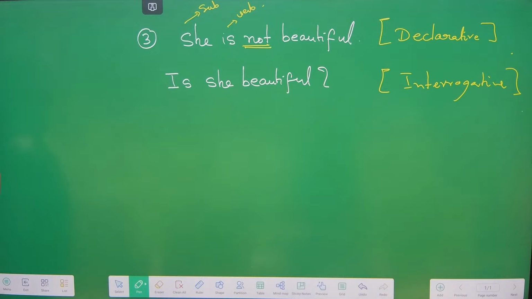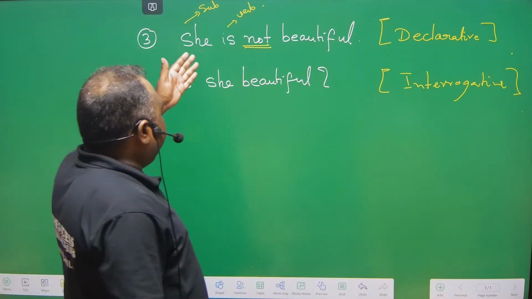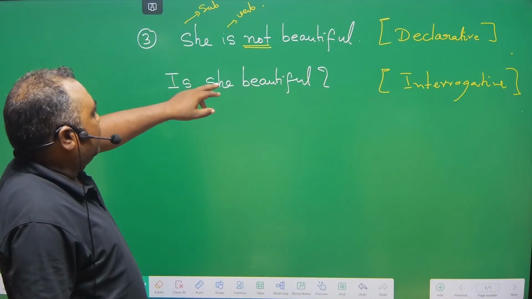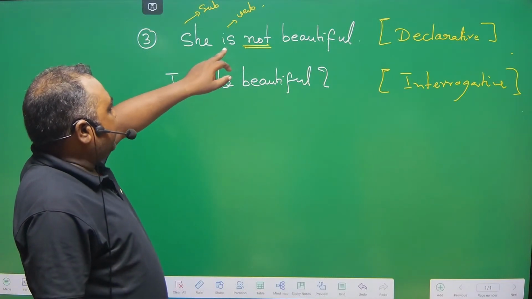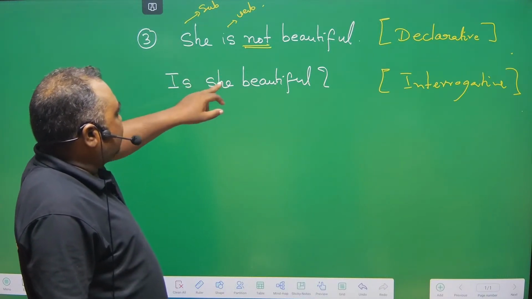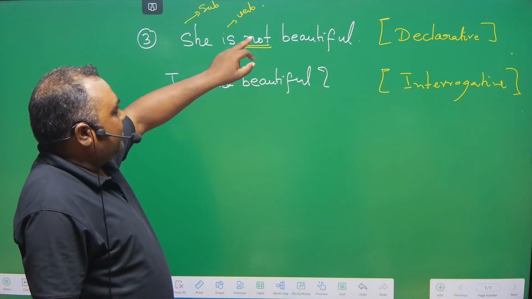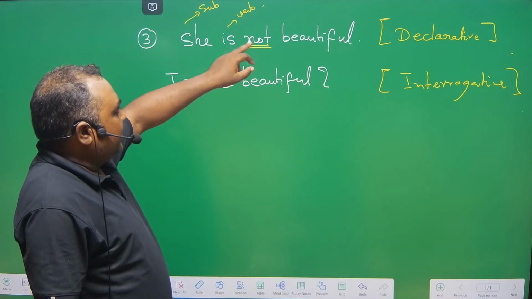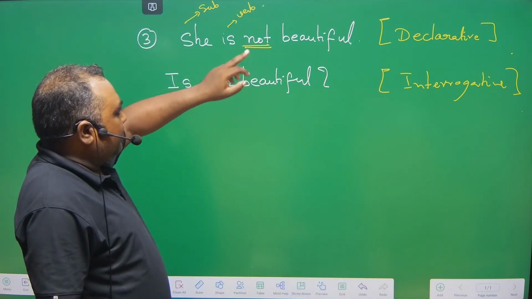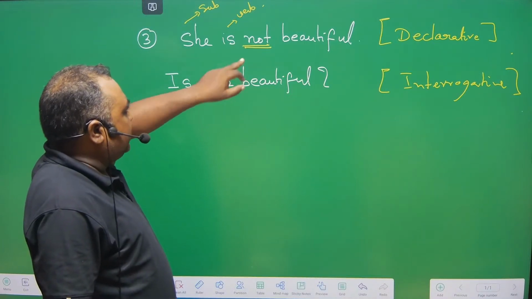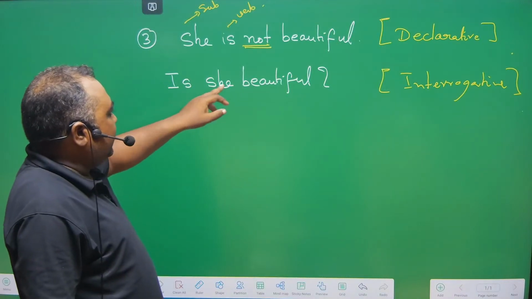If not, then please write no. This one is a very easy question. What do I do here? We start the sentence with this verb, is, afterwards she. Here in the declarative sentence, a negative word is included. While converting it into an interrogative sentence, we must omit this word not. Is she beautiful?